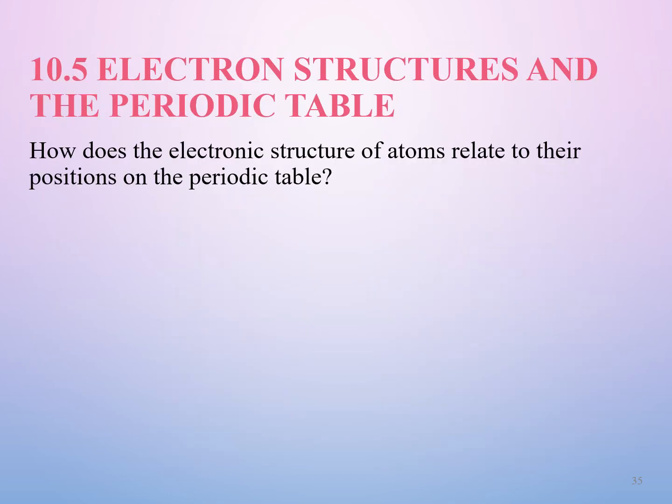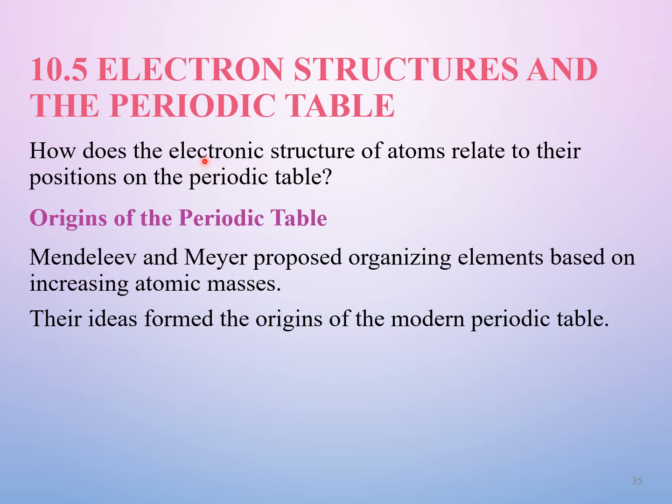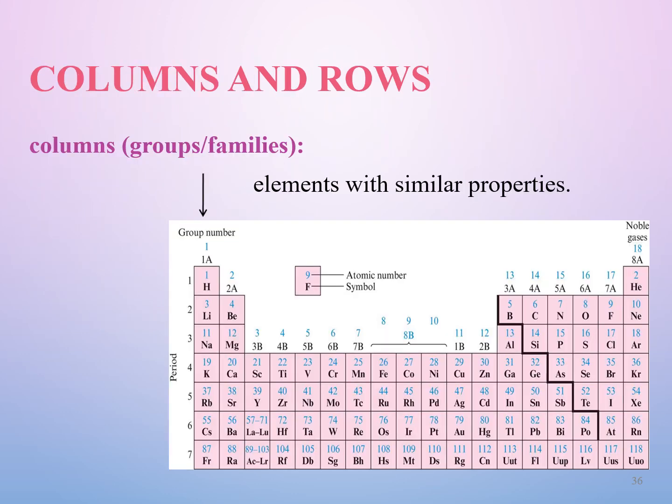So how are the atoms in the periodic table arranged? Well, it depends on the number of protons, and we try to group them by the type of valence electrons they have, because the same valence electron will fall in the same group. And they organize them based on increasing atomic mass, which is increasing number of protons, okay? So like we said earlier, we have columns. These are groups or families, but we usually call them groups.